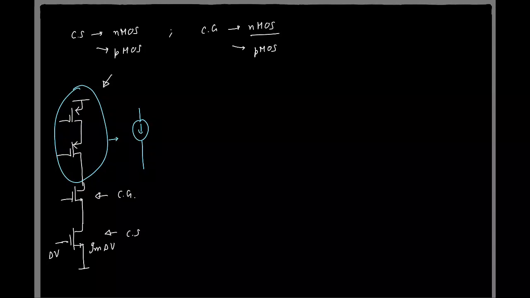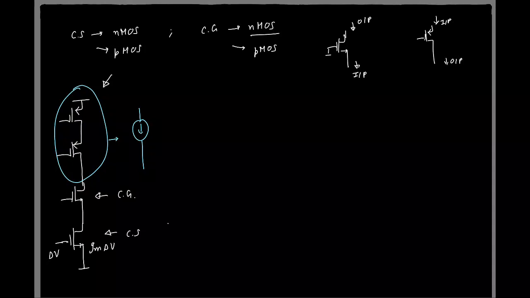Okay, and to remind you, a common gate with NMOS is made like this. Gate is at incremental ground. The current is applied at the source and the buffered current is taken from the drain. So with the PMOS we do the same thing. The input current is applied at the source, output current is taken from the drain.